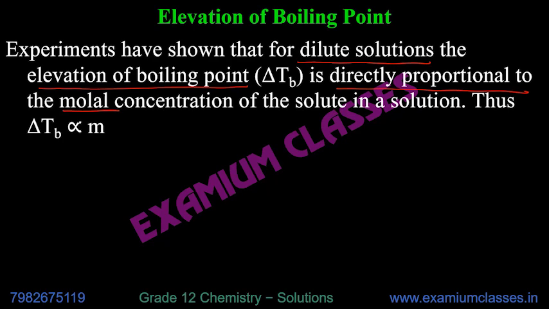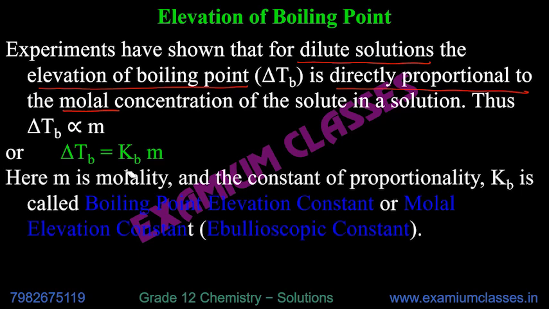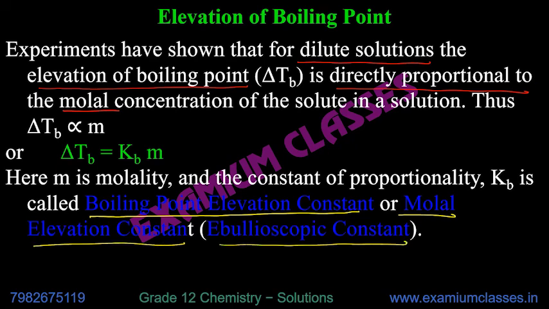So if we remove this proportionality constant, we get delta TB equals KB into m. This KB is a constant which is known as boiling point elevation constant or molar elevation constant or ebullioscopic constant. It can appear in your exam with any of these three names.